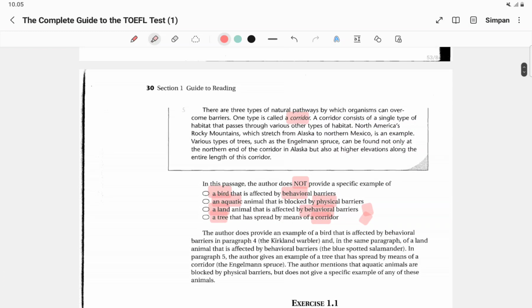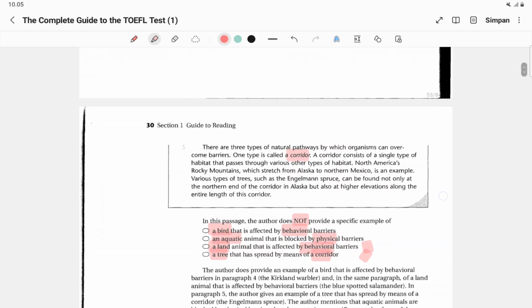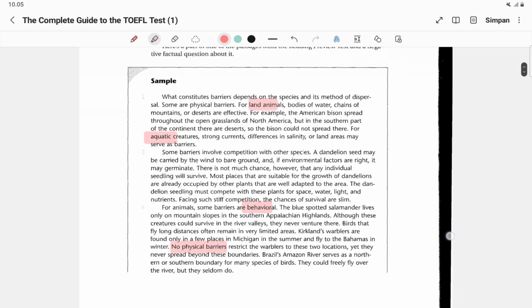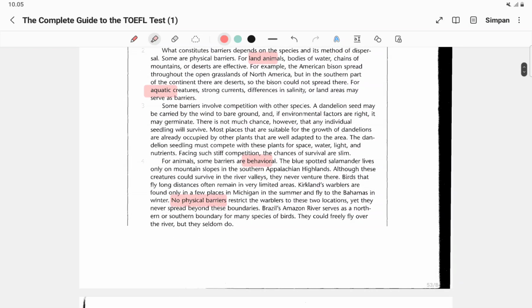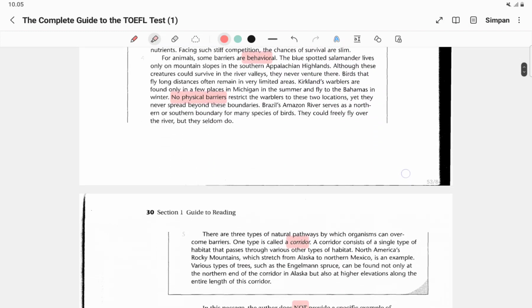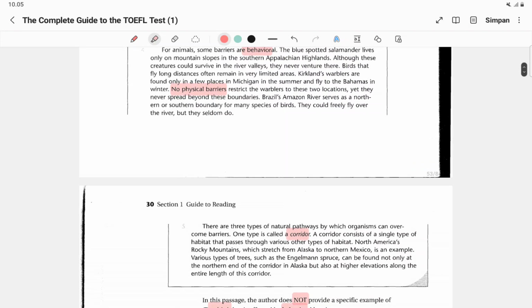Okay, let's read the explanation. The author does provide an example of a bird that is affected by behavioral barriers in paragraph 4. In the same paragraph, for animals some barriers are behavioral. The blue spotted salamanders live on the mountain slope in southern Appalachian highlands.